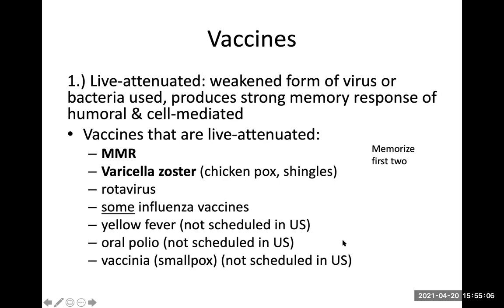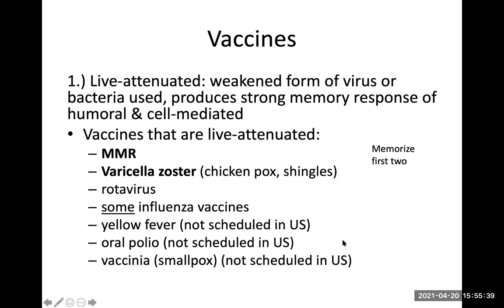Humoral antibodies. The vaccines that are live attenuated that everyone in the United States should have are the MMR, mumps, measles, rubella, the varicella zoster, chickenpox, shingles, and rotavirus. Rotavirus is optional, but it is recommended for children because this causes extreme diarrhea, and children are very, very susceptible to dehydration, which can cause death.